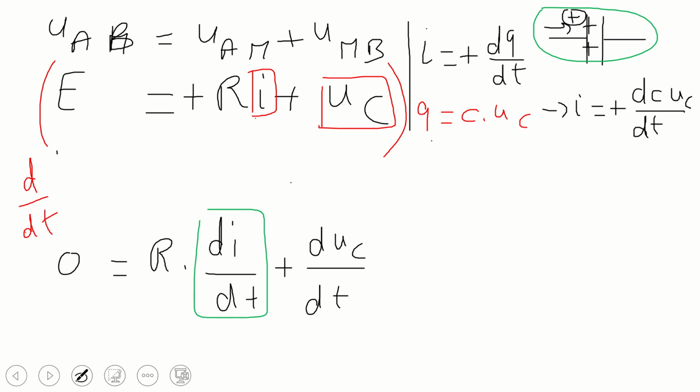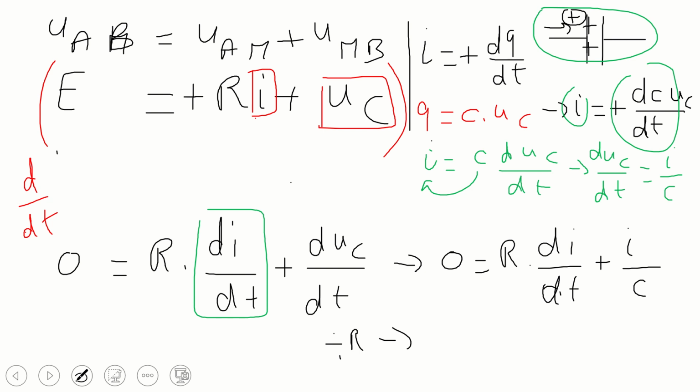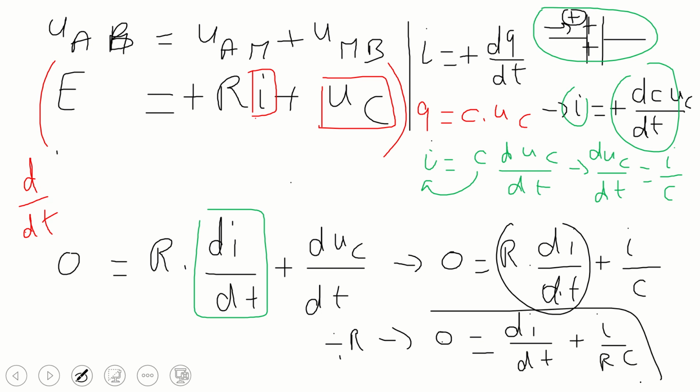So, knowing that I equals C duc over dt, the derivative of uc with respect to time equals I over C. Thus, 0 equals R di over dt plus I over C. Now we divide the whole equation by R. We obtain 0 equals di over dt plus I over RC, and this is the differential equation in I that governs the charging phase of the capacitor.